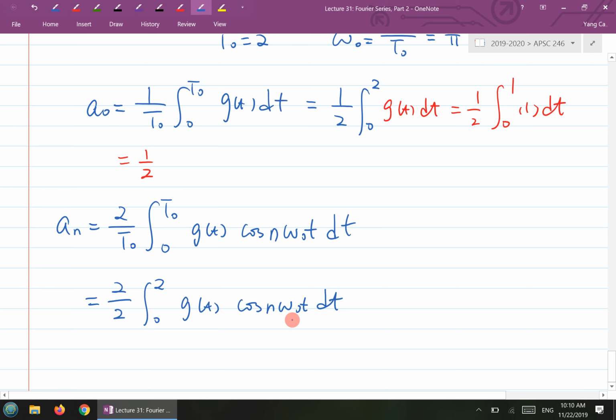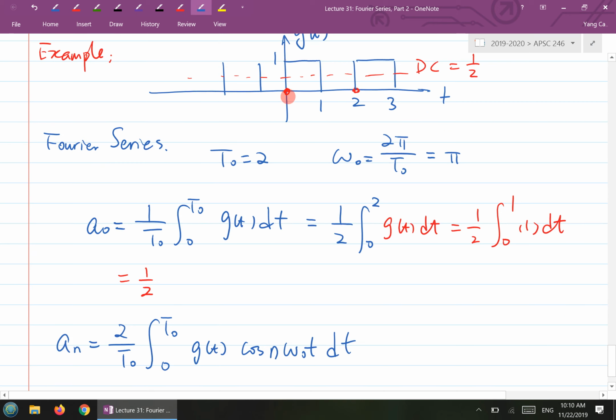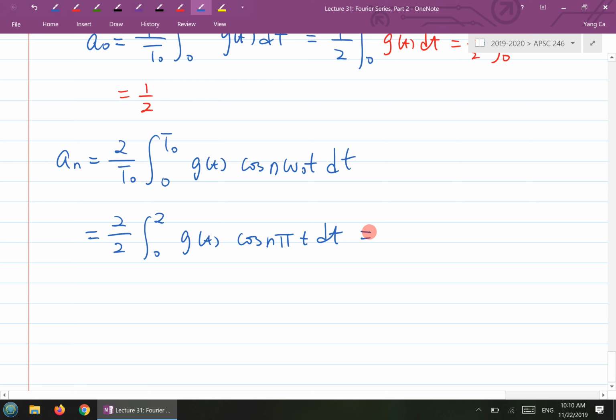Replace the omega naught, omega naught is pi, so we replace the omega naught with pi. Now let's go back to the diagram. When you're integrating from 0 to 2, the only meaningful part of the integral is 0 to 1, and within that interval, the function g of t is 1. So basically you get the integral from 0 to 1 of 1 times cosine n pi t dt. Okay, so that's what you get.